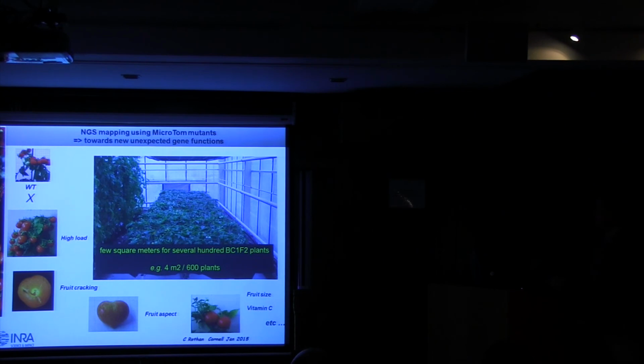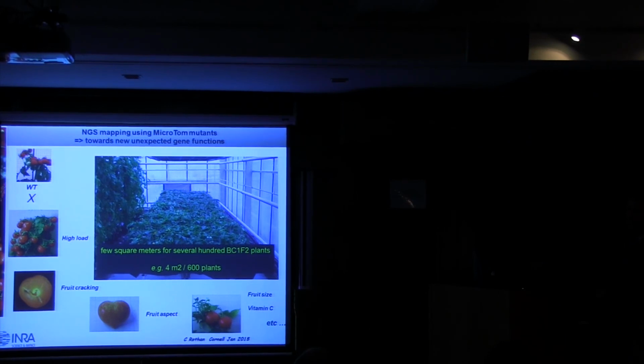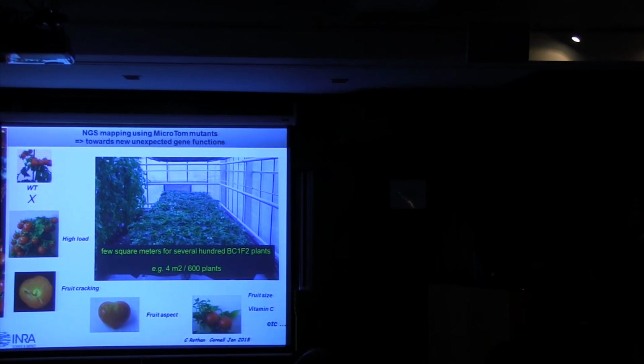One main advantage of these Micro-Tom mutants, this strategy: this is one table in our greenhouse, and you can have one whole segregating population on 4 square meters. So that means that you can grow them about year-round in the greenhouse. You can have different populations, phenotype them, then go for sequencing.